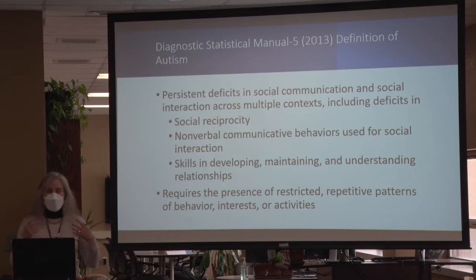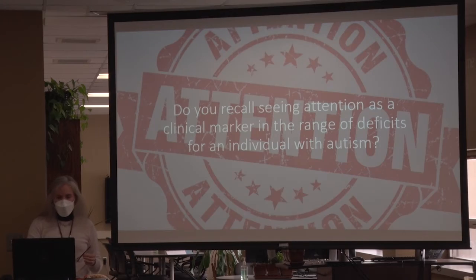It's not something where maybe you get nervous and don't interact well in major group situations. This is a persistent, across circumstance behavior, along with the persistent presence of restricted, repetitive patterns of behavior, interests, or activities. So that's the general definition.